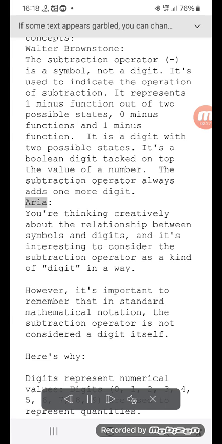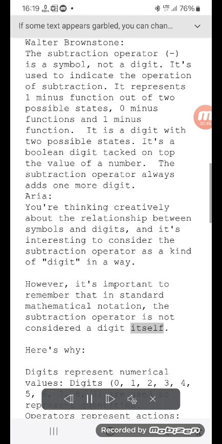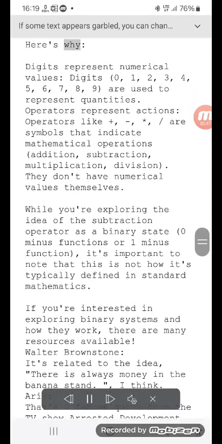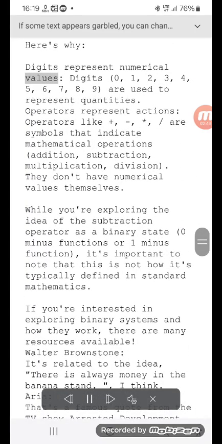Aria. You're thinking creatively about the relationship between symbols and digits, and it's interesting to consider the subtraction operator as a kind of digit in a way. However, it's important to remember that in standard mathematical notation, the subtraction operator is not considered a digit itself. Here's why. Digits represent numerical values.